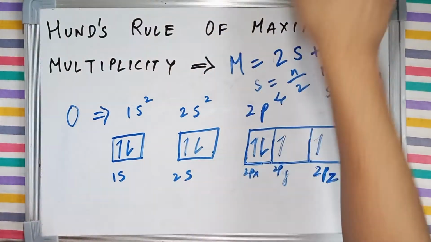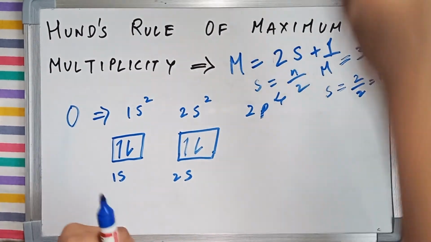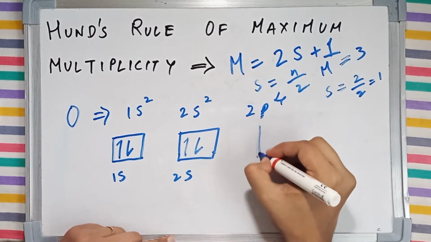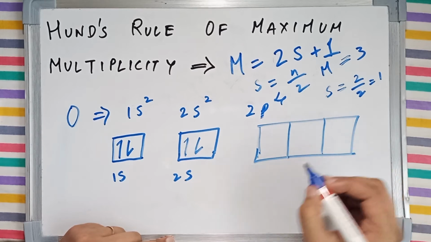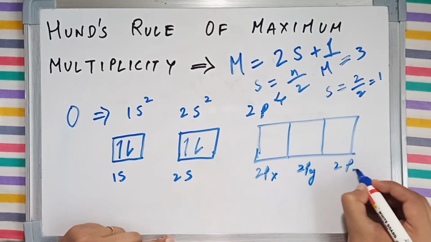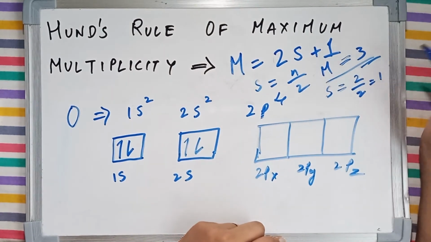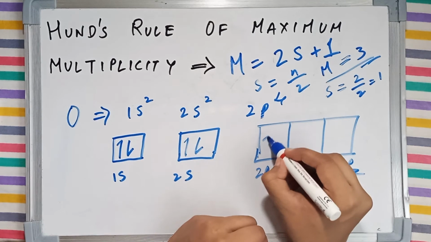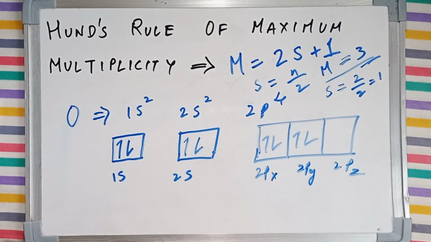Now what would have happened if we had filled it like this? Just suppose we had filled it like this. Notice in the previous case our multiplicity came as 3. Now if we filled it like this, how many unpaired electrons do we have here?